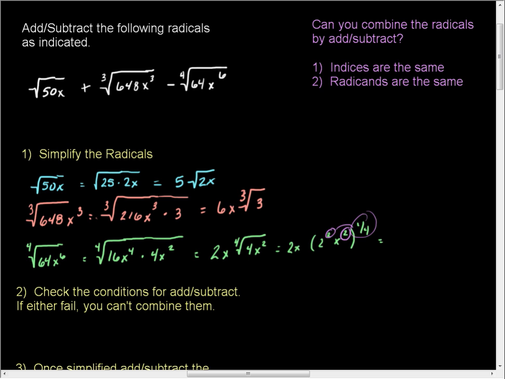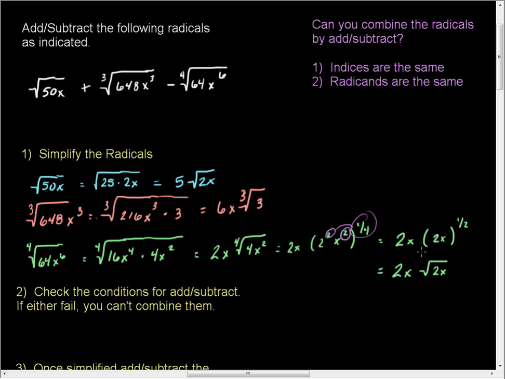So finally, it's 2x times 2x, but it's raised to the 1/2 when you reduce. If you bring this 2 exponent out according to the power to a product rule, then you'll have a 2/4 exponent, which can be reduced to 1/2, which means this is going to be 2x times the square root of 2x.